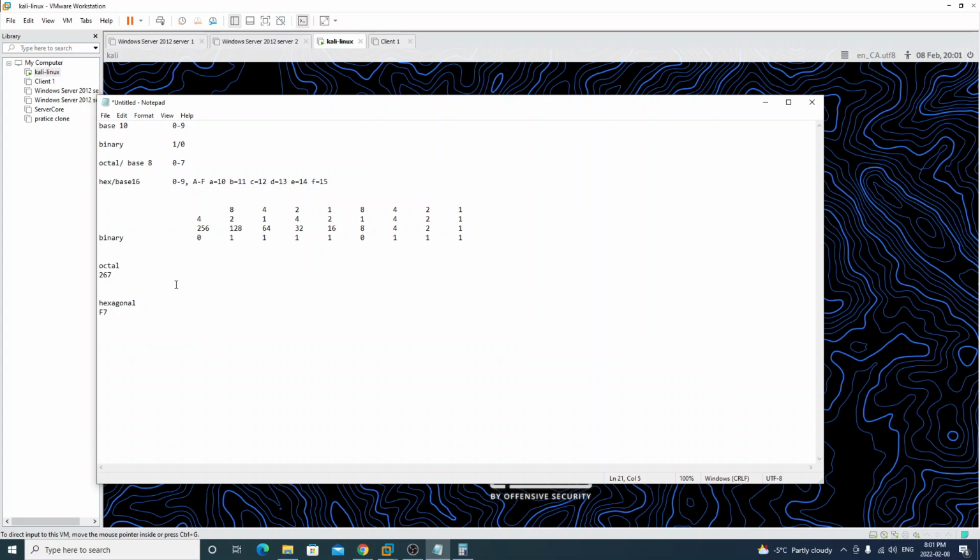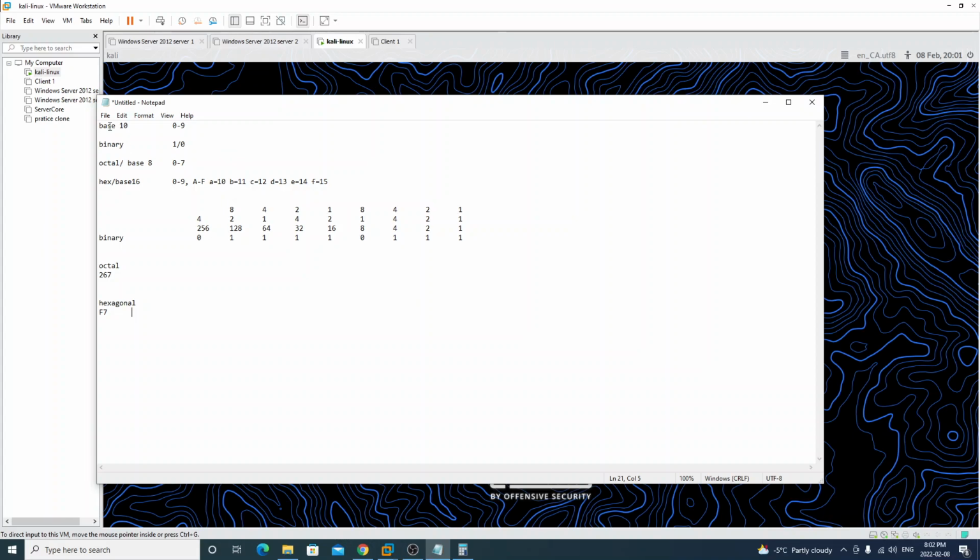Now where are these used in the real world? Right? Binary would be used for machine language, machine learning, AI learning. How AI machines calculate numbers, things like that. That's binary. Base 10 is what we use to calculate our numbers on a regular basis, human math, you would call it.